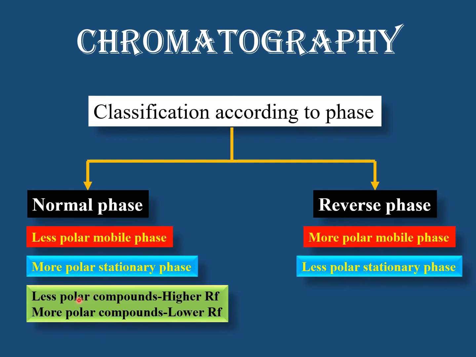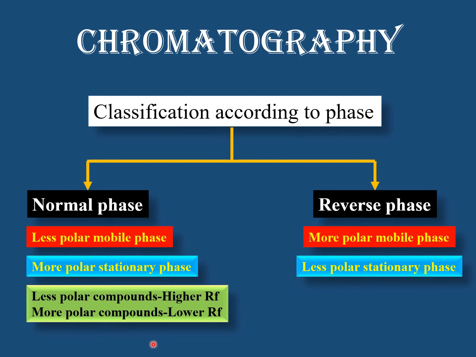That means that because of the larger distance traveled by the less polar compounds with the less polar mobile phase, they will have a higher RF value. And because those more polar components are happy to stay with the stationary phase, they will not travel a lot with the less polar mobile phase, meaning they will have lower RF values. So less polar compounds usually have higher RF values in a normal phase chromatography, and more polar compounds will have lower RF values.